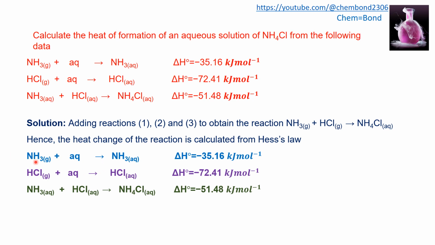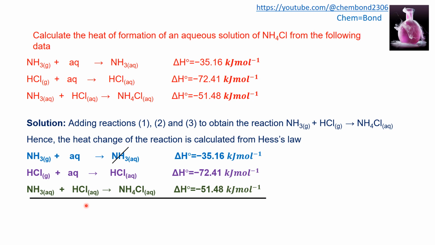So the reactions are given: ammonia gas in aqueous form, HCl gas in aqueous form, and aqueous ammonia combined with aqueous hydrochloric acid will produce ammonium chloride. If we look at these reactions, there are some common terms present on the product side and also on the reactant side. So these same terms will be cancelled out.